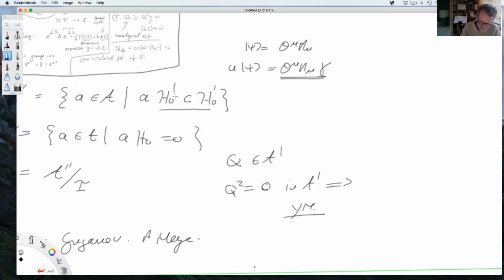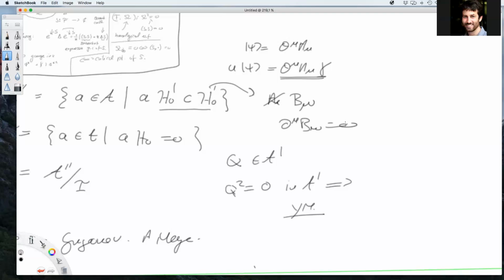So there are other examples with H prime, where instead of A mu you would have some B mu nu, which will have to satisfy D mu B mu nu equal to 0, something like this. So that would be another possibility. It's absolutely a good question. There is some freedom in this choice of A prime or this H0, which can give you different physics. Okay, thanks.